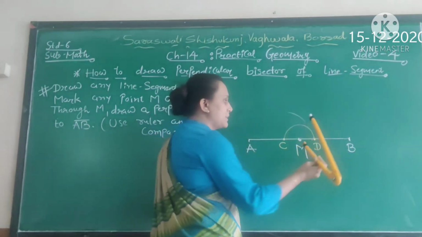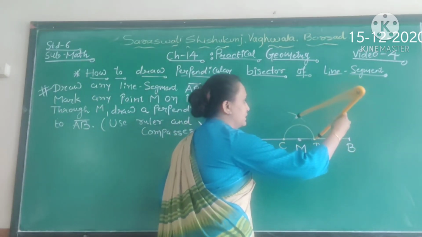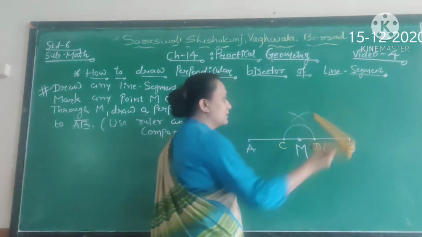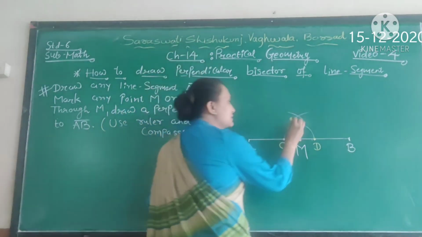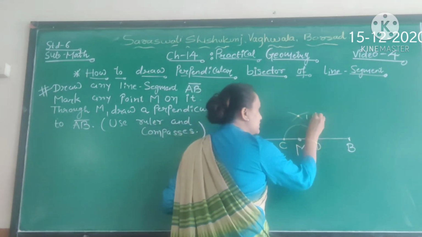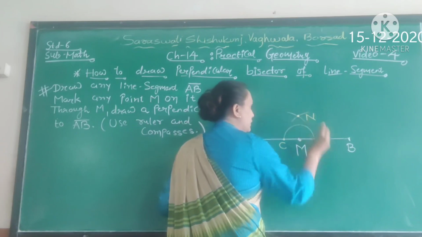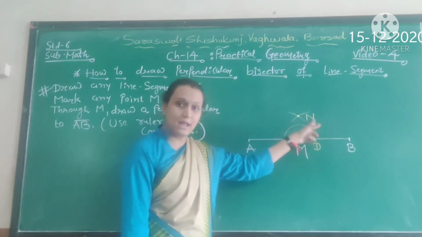With the same measurement, draw an arc using point D. So here we have constructed the arcs. Now you can see that the two arcs intersect each other at some point. Let us name the point N, the intersection point of the arcs.